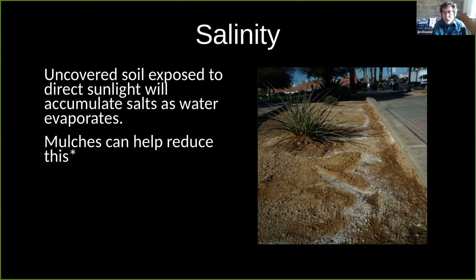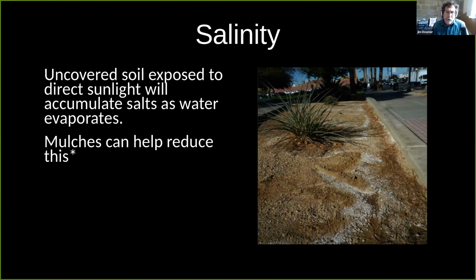And those salts can accumulate in the upper layers of soil where trees also want to have roots. And that can be harmful, at least in terms of the success of some sensitive species of trees. Mulches can help with this. And we're going to talk a lot more about mulch, but I wanted you to see the image of salt building up on the soil surface.